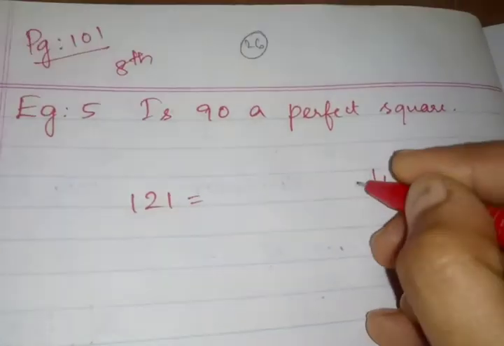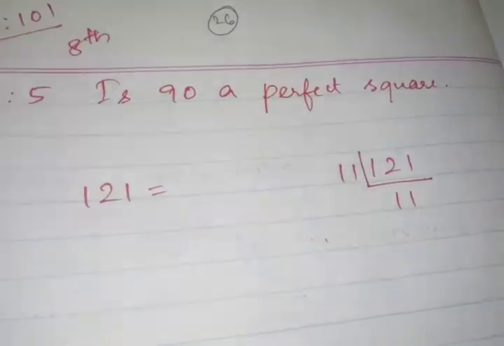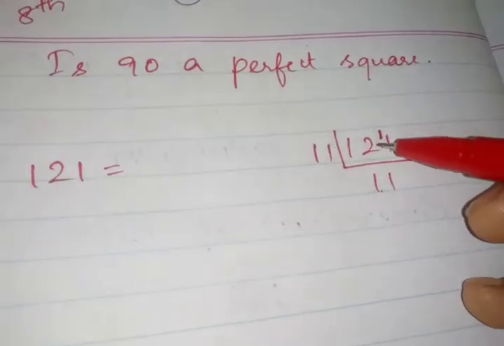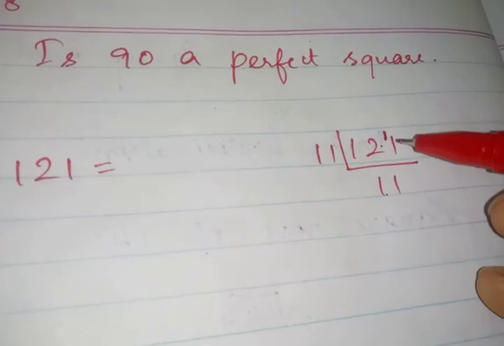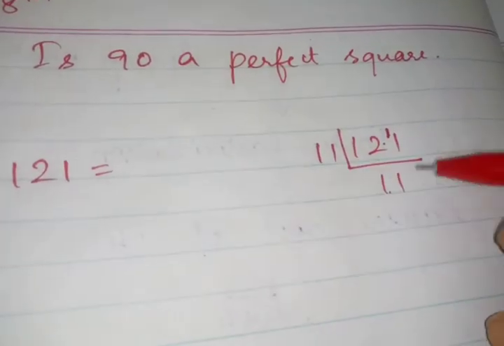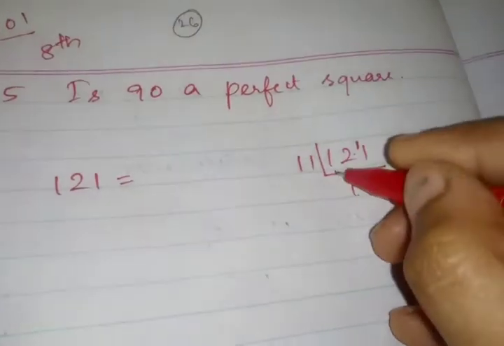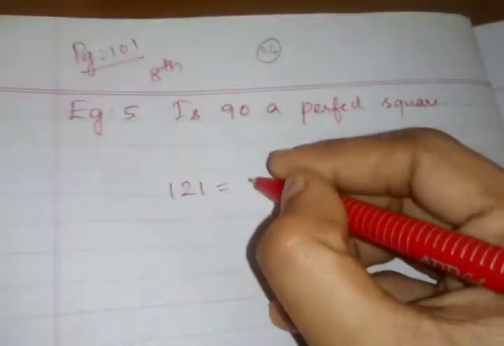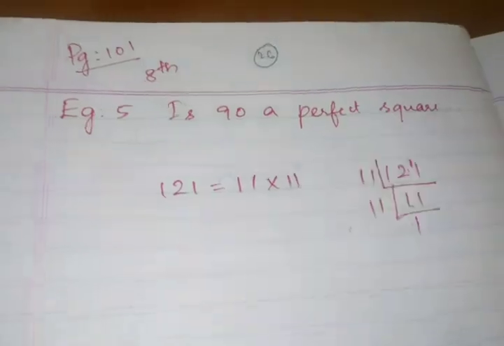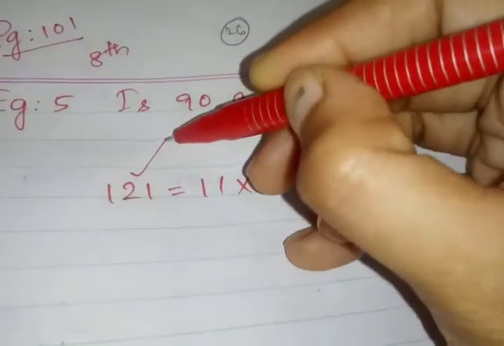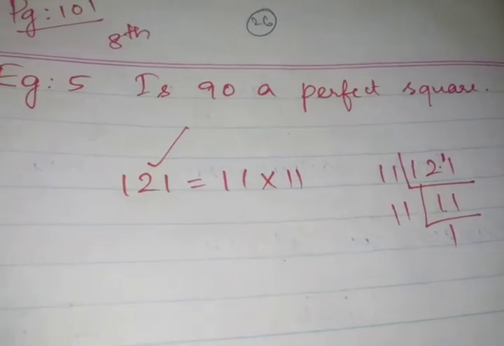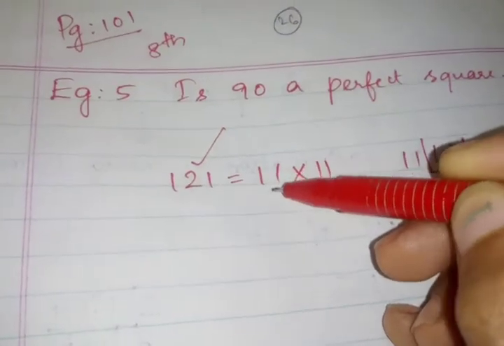Yes, because you write 121 as 11 into 11. 11 ones are 11, remainder 1, 12 minus 11 is 1, so 1 will become 11, so 11 elevens are 121. So we are saying 121 is a perfect square, because I am multiplying two same numbers.